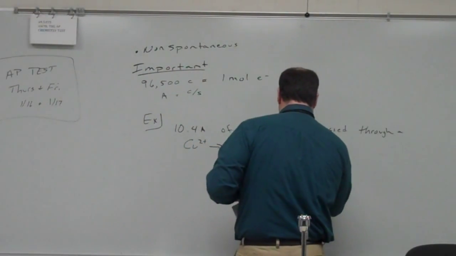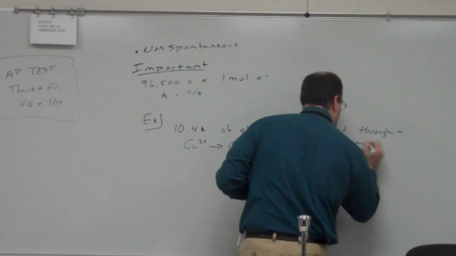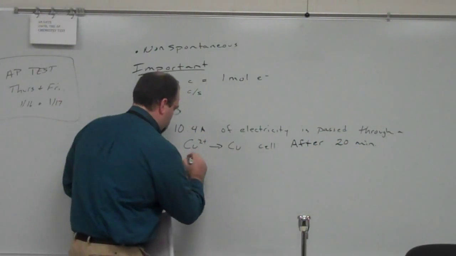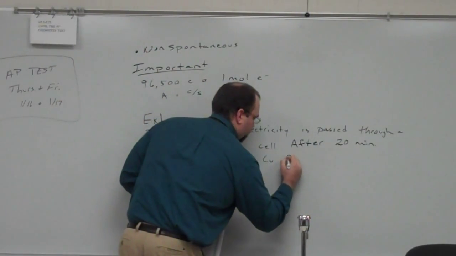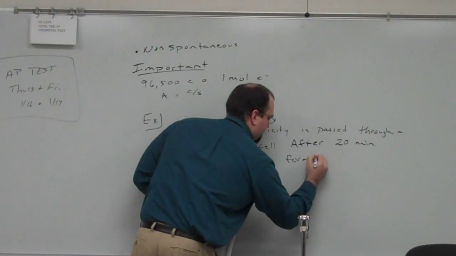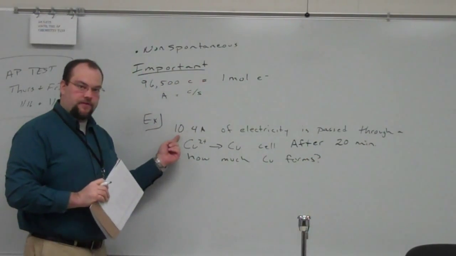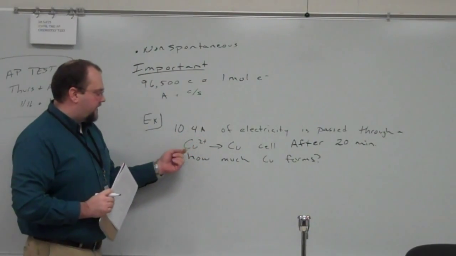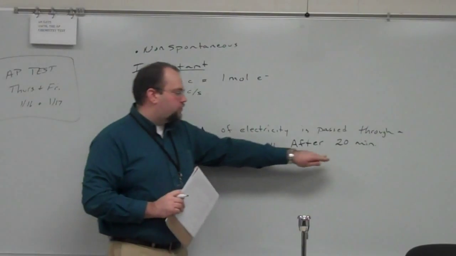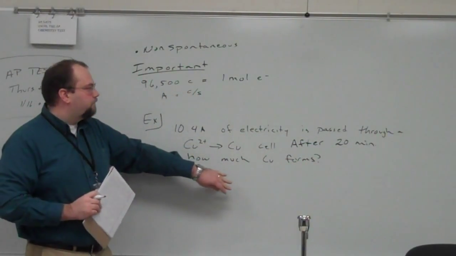Let's say after 20 minutes, how much Cu forms? So I have an electrical current, 10.4 amps, passing through this cell for 20 minutes, and I want to know how much copper forms.